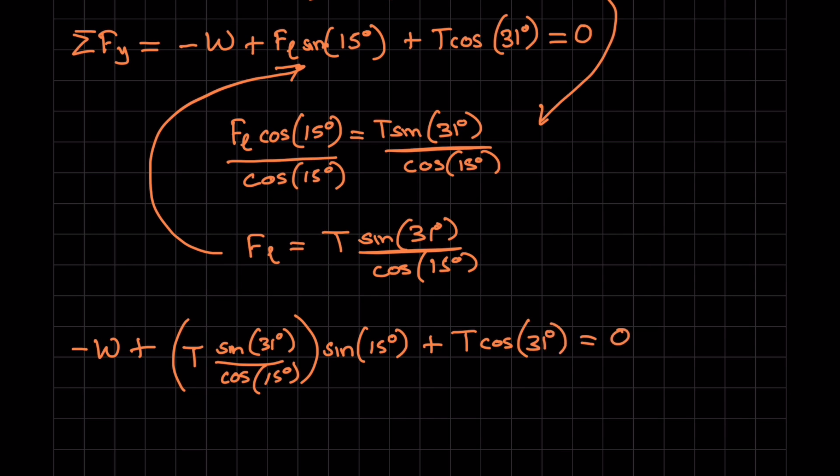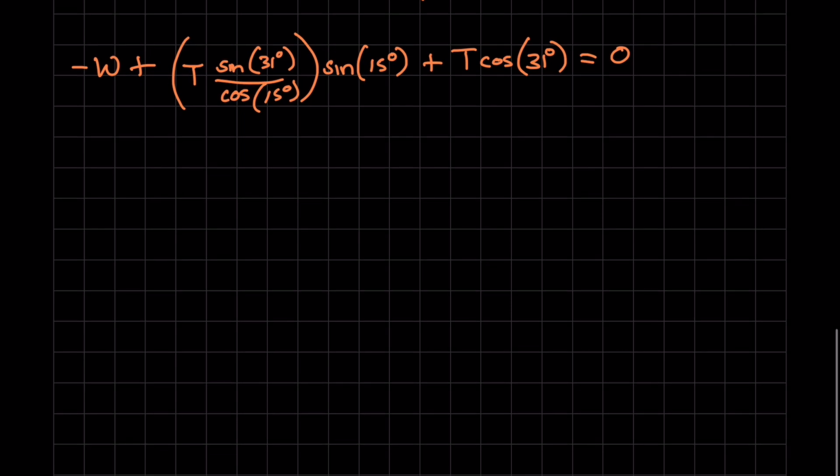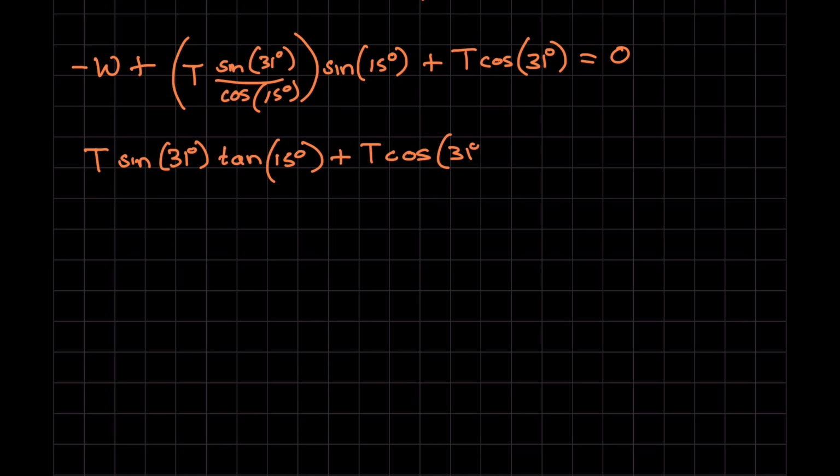So now what I'll try to do is to isolate T. I'm going to move the weight to the right-hand side. Then I have tension sine of 31 degrees, tangent of 15 degrees, because there's a sine divided by cosine. Sine 15 divided by cosine 15 degrees is tangent of 15 degrees, plus T cosine of 31 degrees is equal to the weight.